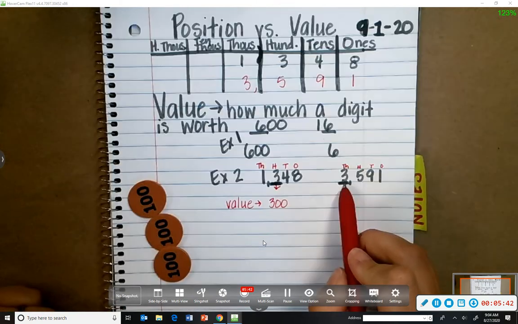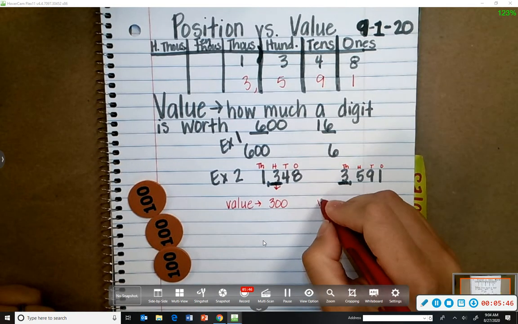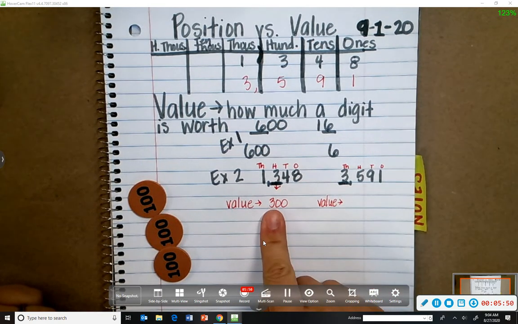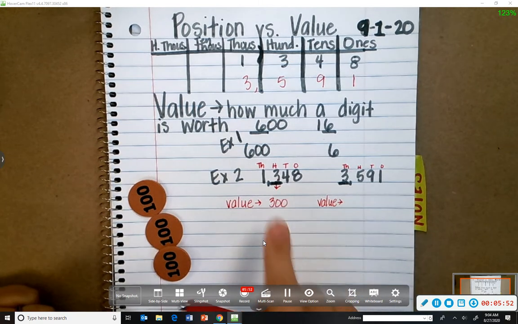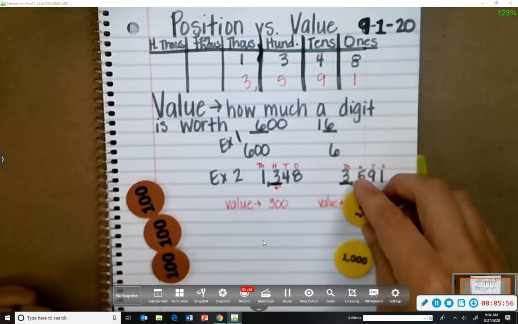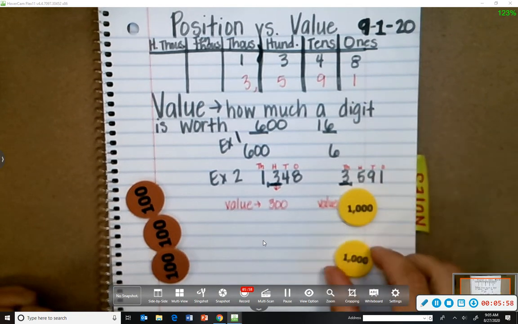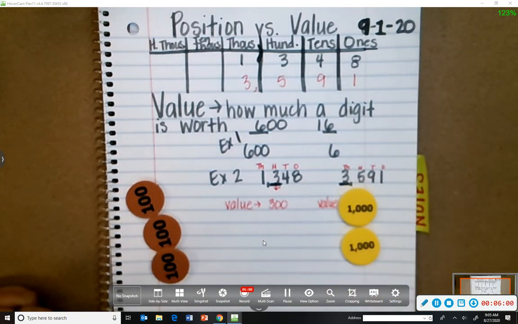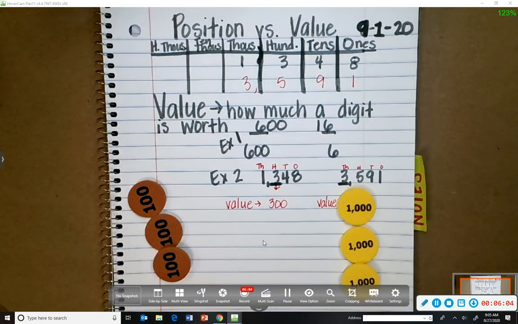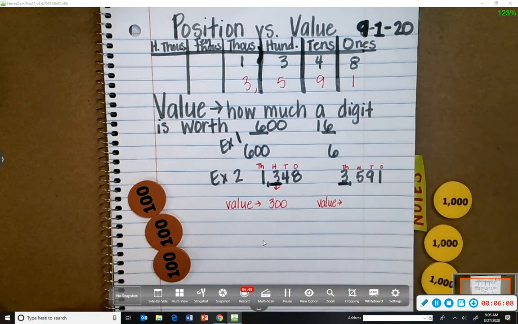Okay, now my 3 is in the thousands place. So the value is going to be different than this 3. This 3 was in the hundreds place. So let's see. It's in the thousands place, so I would have 1,000, 2,000, 3,000. So that 3 has a value of 3,000.